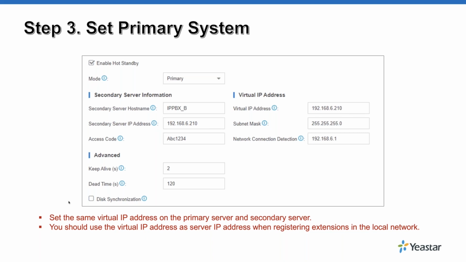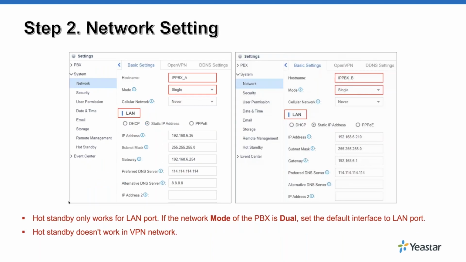We're going to put the secondary system information here, the secondary server information. Just don't forget to name your PBX. Another important thing, guys. Let's get back here. On the previous page, you can see on my primary system, I named it IPPBX-A. The secondary system, I'm going to call IPPBX-B.